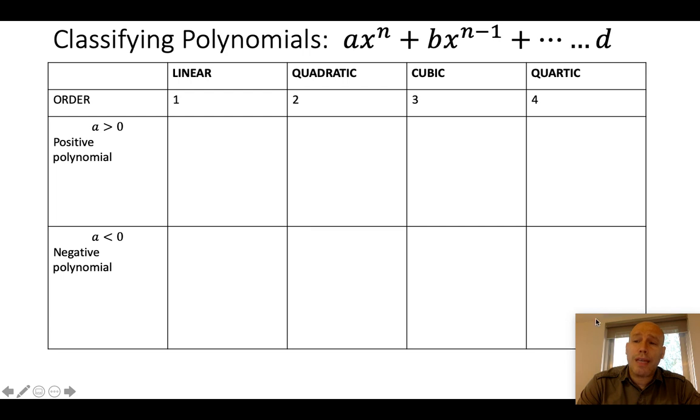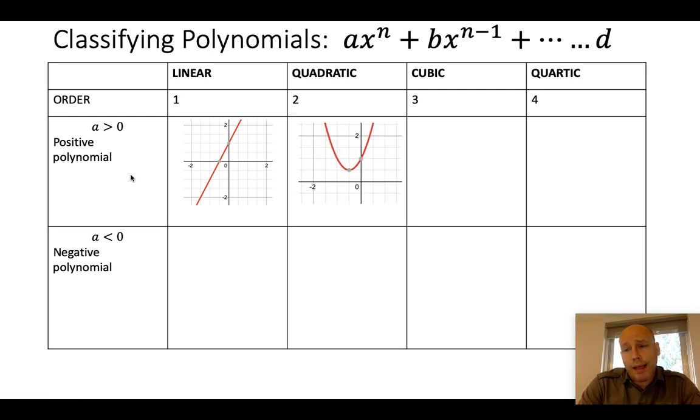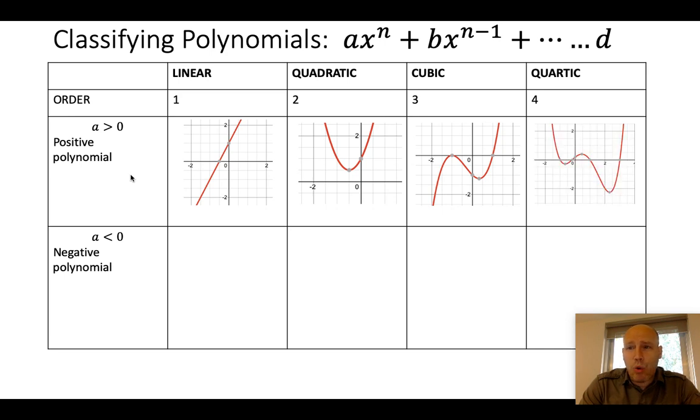We start off by looking at the shape of the curve, and we can look at the lead coefficient, the a, to tell us what it looks like. If it's positive, a is greater than 0, we have a linear that's increasing, a quadratic that's a smile, the cubic, and the quartic.